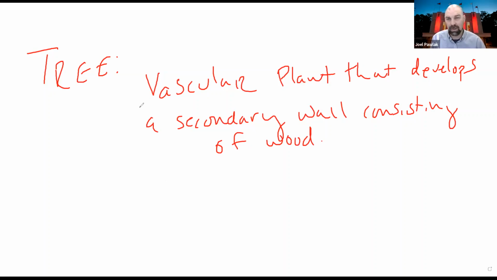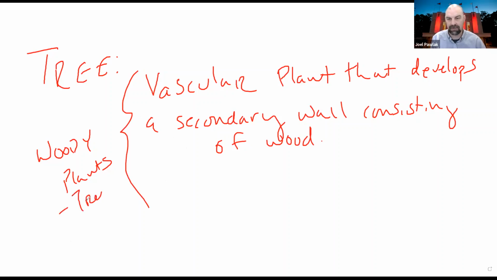There are some other plants out there, right, that do this that you might not consider a tree, but they would be considered woody plants, right? So you have trees, and you might have things like shrubs, right?